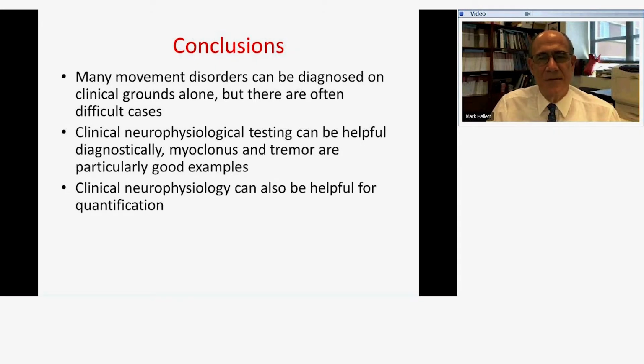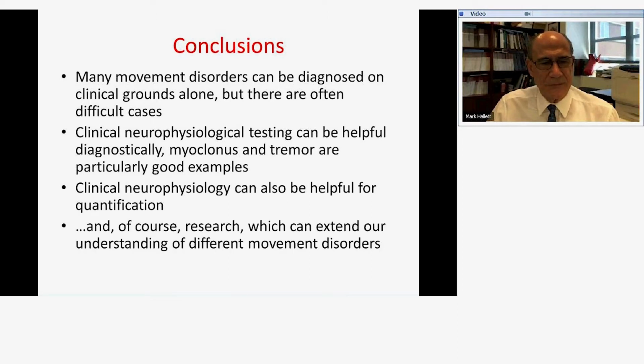One can measure the magnitude, particularly of tremor, so you can get a record of how severe it is on one occasion versus another. And of course, what I do most of my time for a living is to do research with these techniques, hoping to understand these different movement disorders better. So in the future, one can develop a lot more rational and better therapies for these patients.